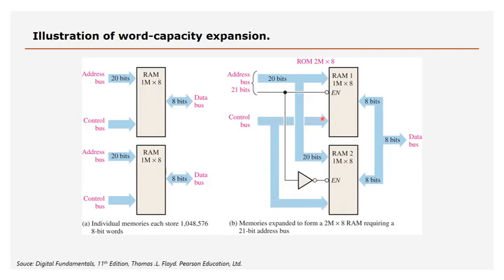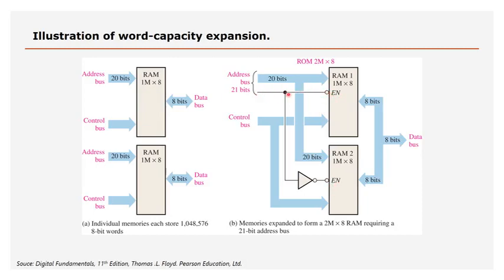This control bus we're talking about here will basically be the read line and the write line because it's a RAM. It will not be the chip select line. The chip select line, or the enable line, this one here and this one here, is basically connected to an additional line.